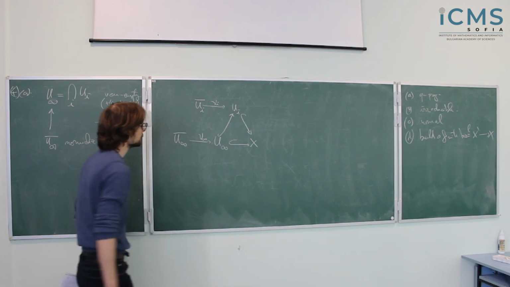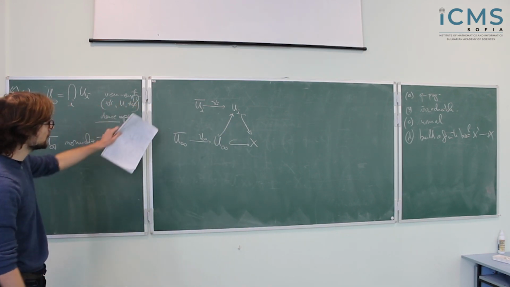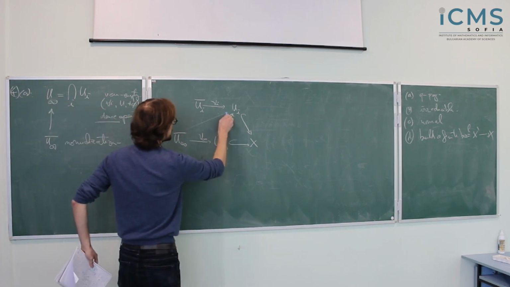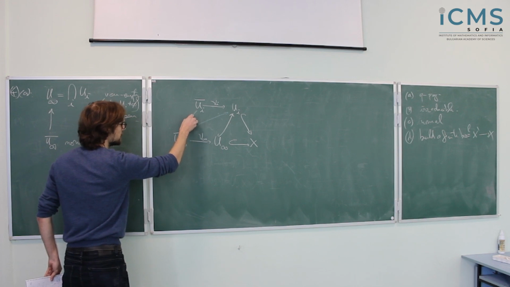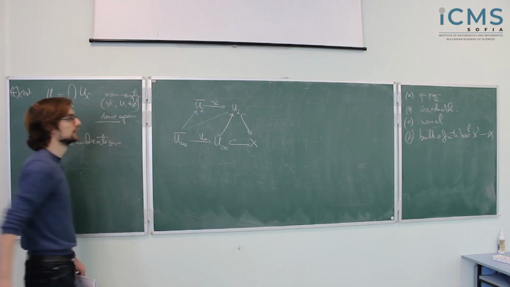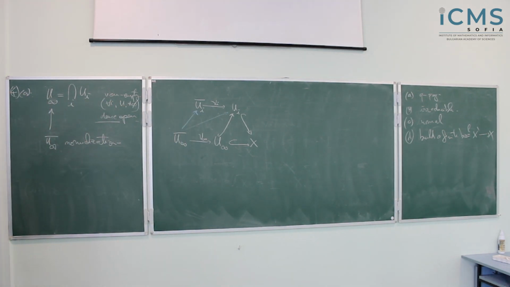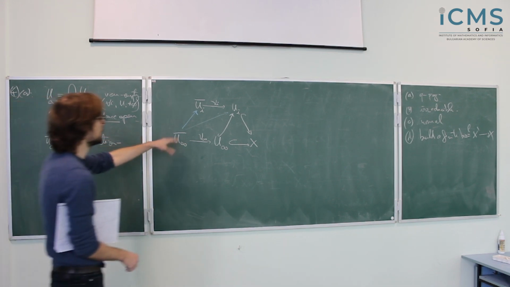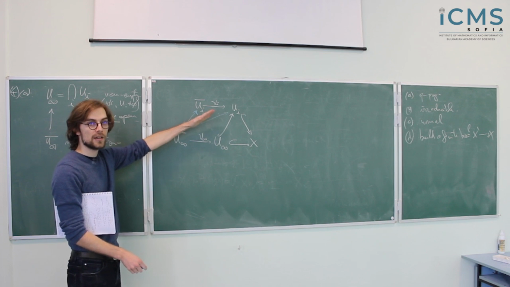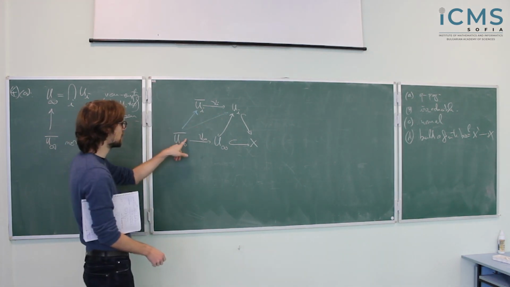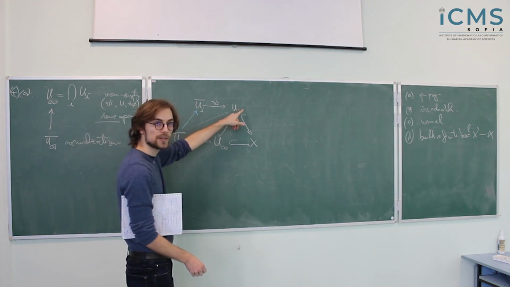So I can compose this morphism like this, and then lift the morphism from U bar infinity to U_i to U bar i. Because remember, this is normal, and this is a birational morphism.